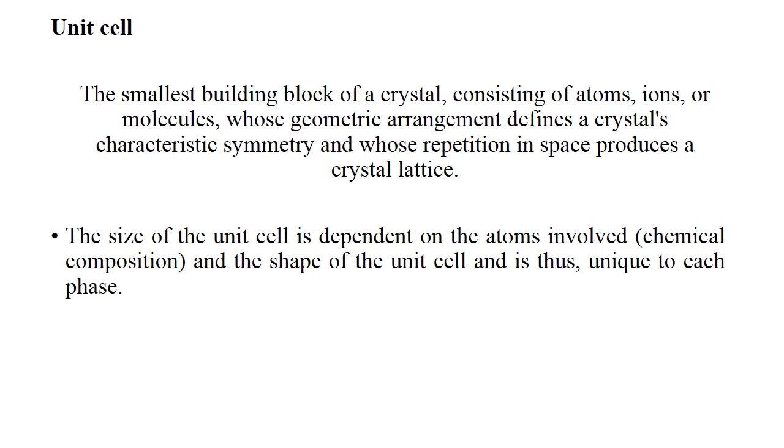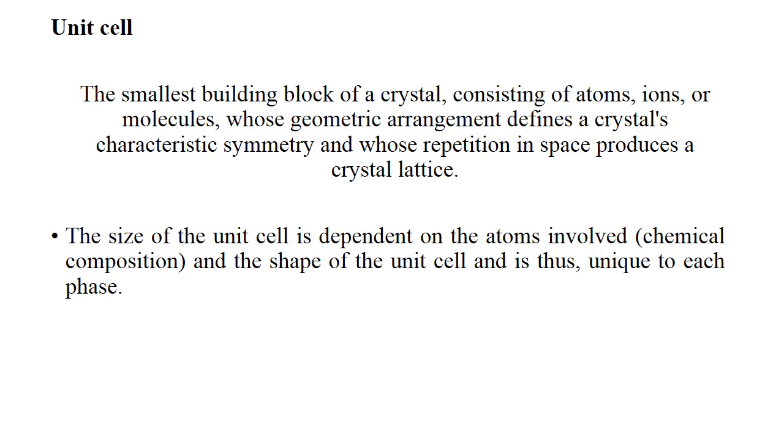Hence, we can define the unit cell as the smallest building block of a crystal, consisting of atoms, ions, or molecules, whose geometric arrangement defines a crystal's characteristic symmetry, and whose repetition in space produces a crystal lattice.